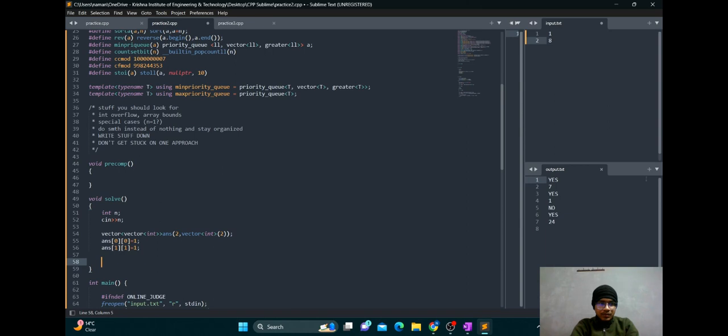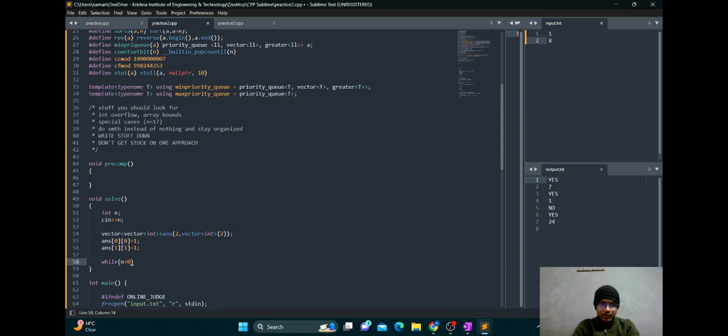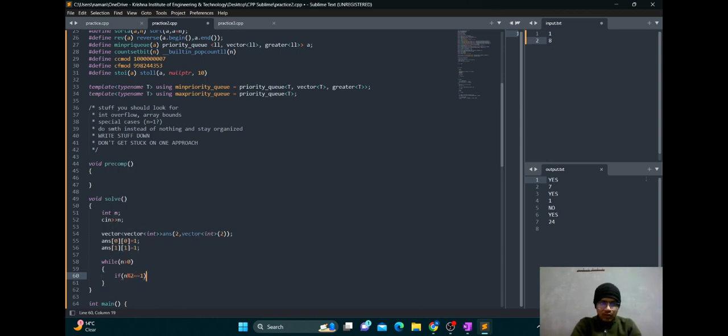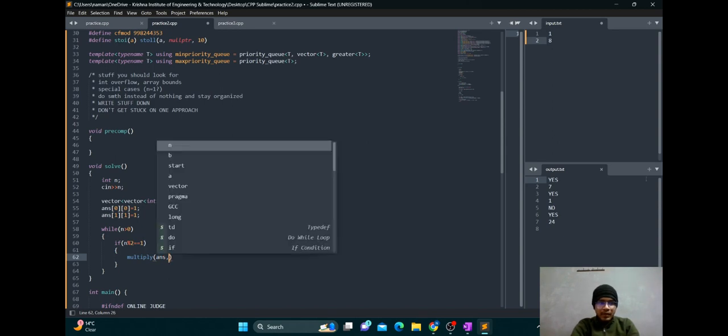While n is greater than 0, if n is odd, if n mod 2 equal to 1, what we have to do is first make a multiply function to multiply the answer matrix with the base matrix.